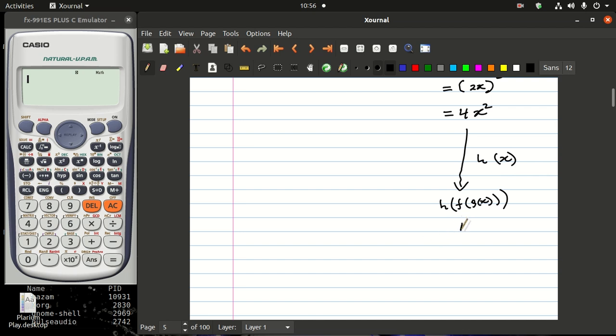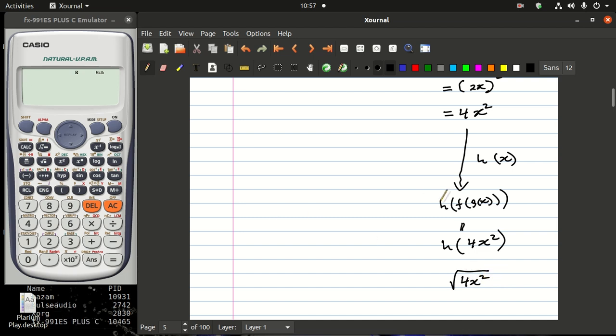So this one here is actually h of 4x squared. What was h of x? H of x is the square root of something, and that something is what is sitting in the value of x. So we get the square root of 4x squared.